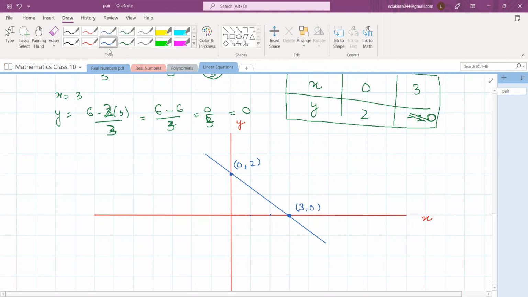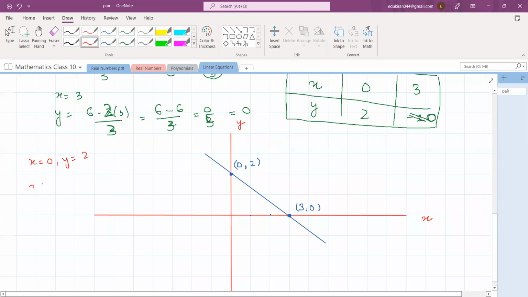So by looking at the graph, what we are observing is that the solutions basically, see, these are the solutions, the points where x is equal to 0 and y is equal to 2, right?